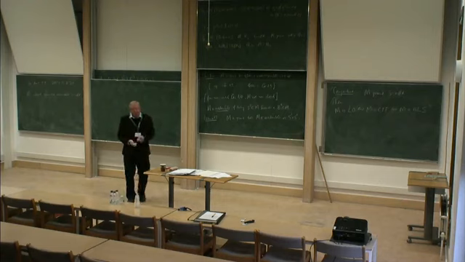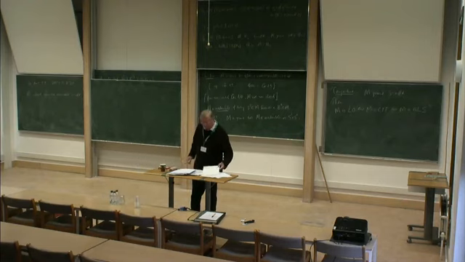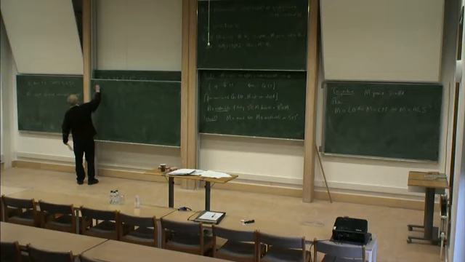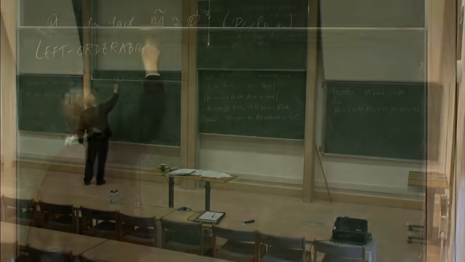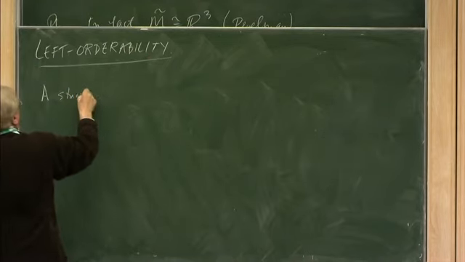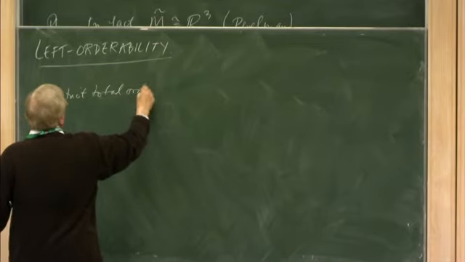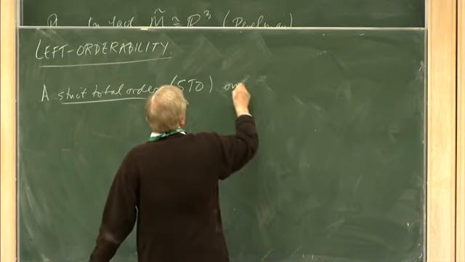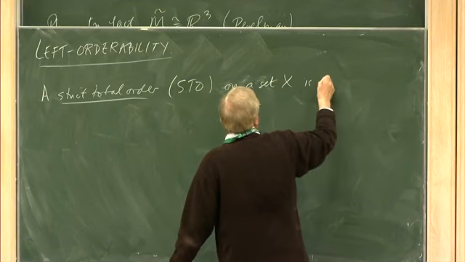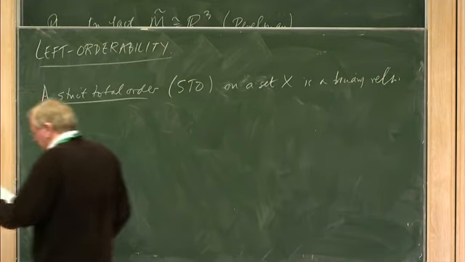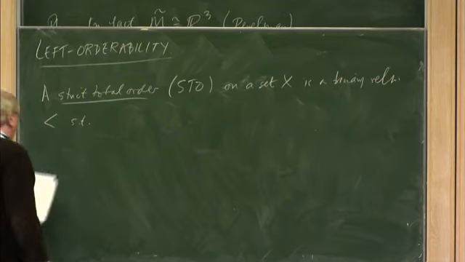So let me remind you that a strict total order, STO, on a set X is just a binary relation such that, well, it's transitive.